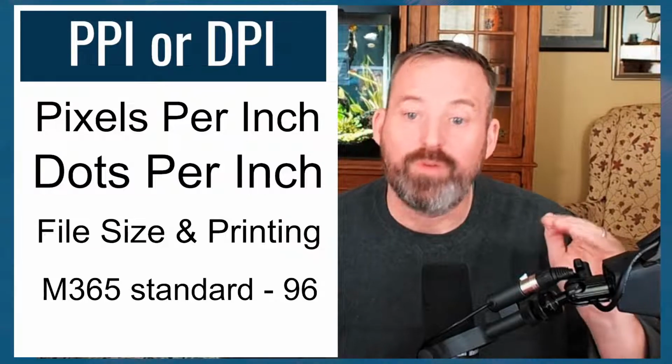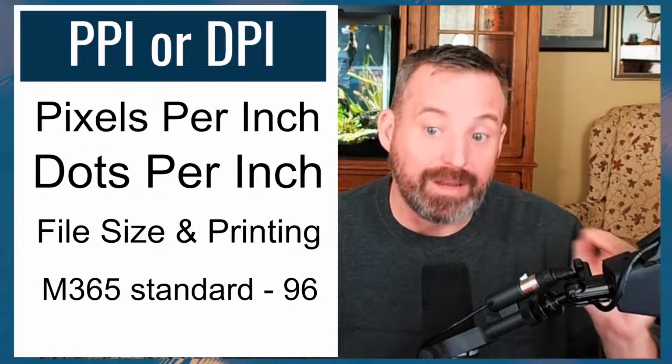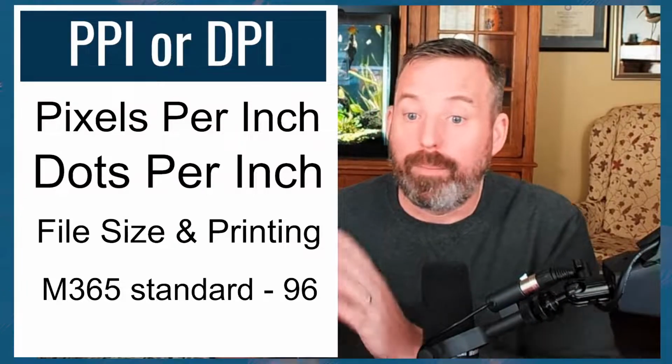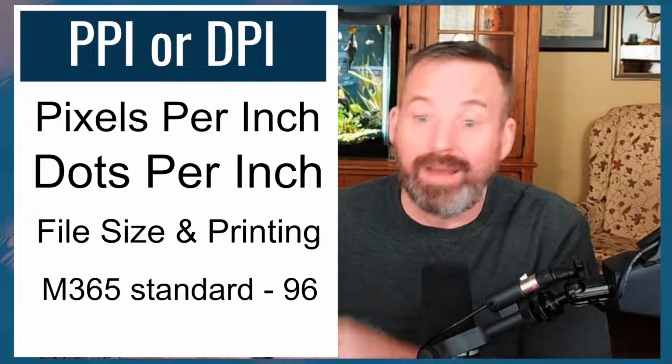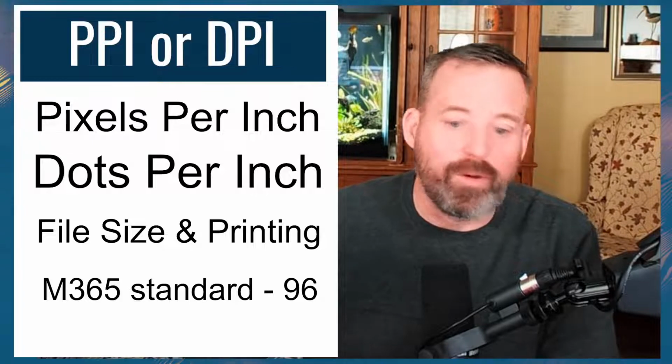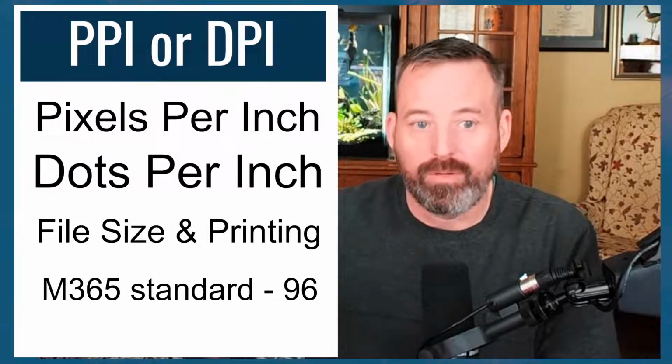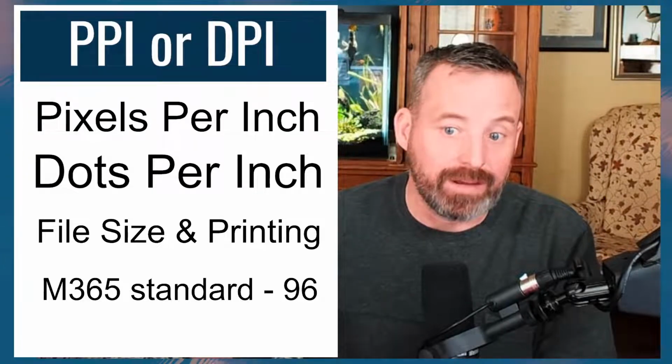the default, if you were to save something as an image, let's say within PowerPoint you convert a PowerPoint slide into an image, it's going to default to 96. That's your PPI, 96.